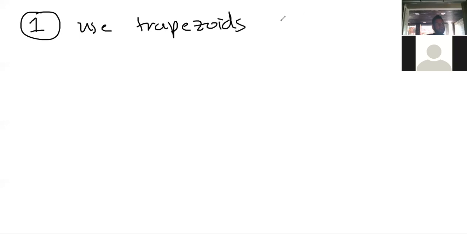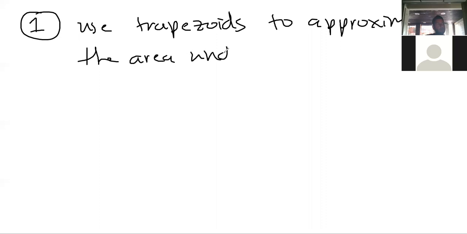So there was a problem, if you recall. The first one was the following. Use trapezoids to approximate the area under the curve.